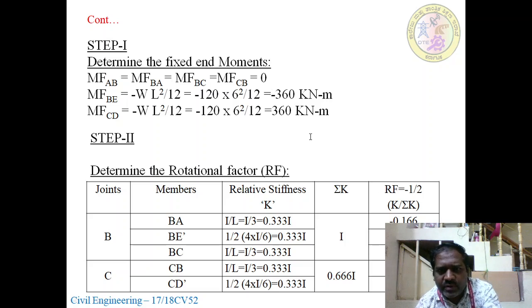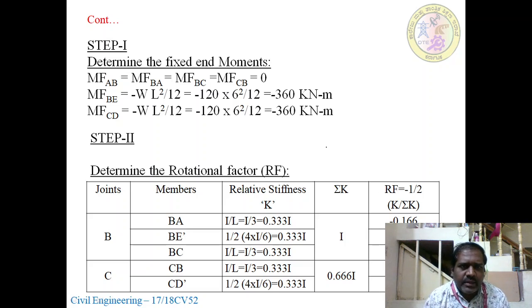If there is a load, you have to check and calculate the fixed end moments; if there is no load, you consider the 0 value. So MFBE and MFCD are minus 360. There is no need to calculate the EB and DC values because we are going for the symmetrical section.